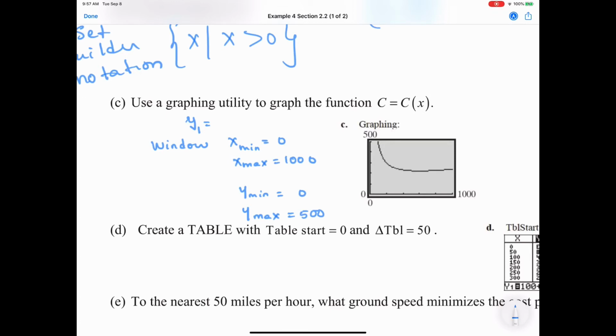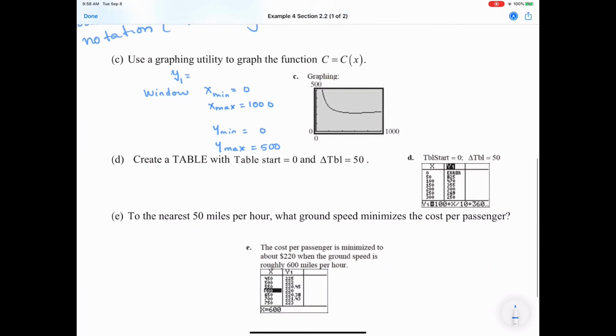And I am able to see this graph that you see in this picture here. So again, go through it. If you have questions, please bring them to me. Scales, you can change to 5 or 1, depending on how much screen you want the graph to occupy. Okay, the next part, D, is asking you to go to the table.